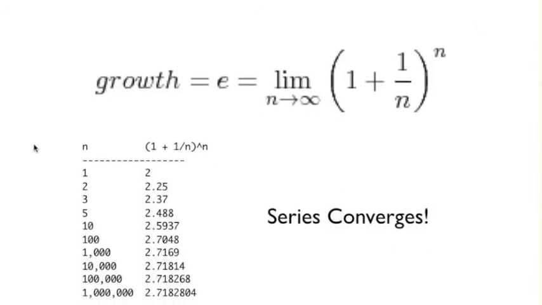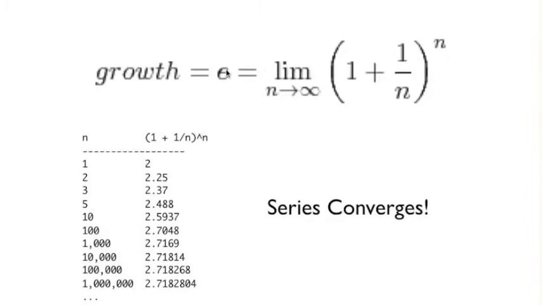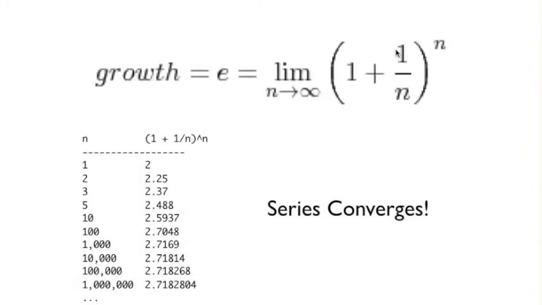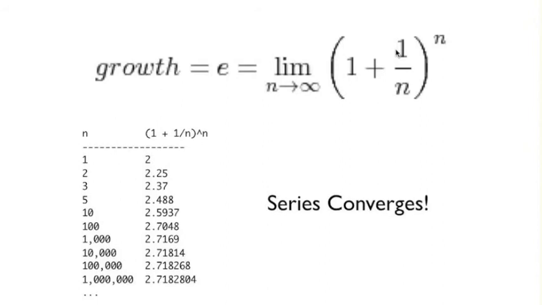Okay, so this equation kind of represents the question we were asking. So we have this limit as n approaches infinity of 1 plus 1 over n to the n, which equals e. And this one we should be able to recognize because it's like the 100% from the original equation we discussed.